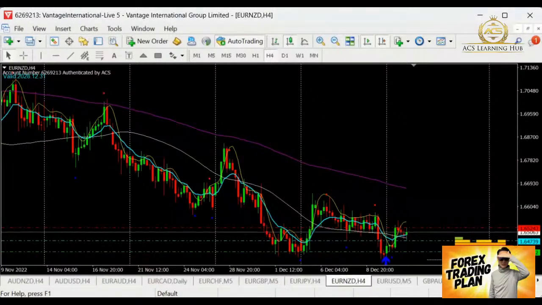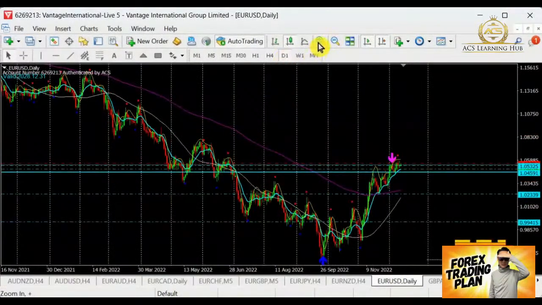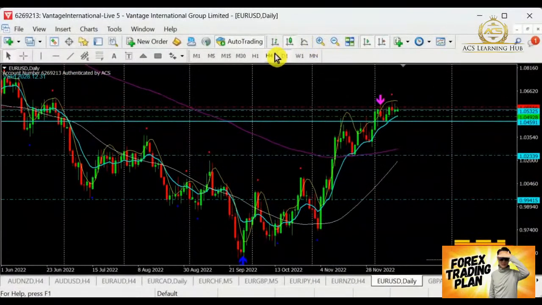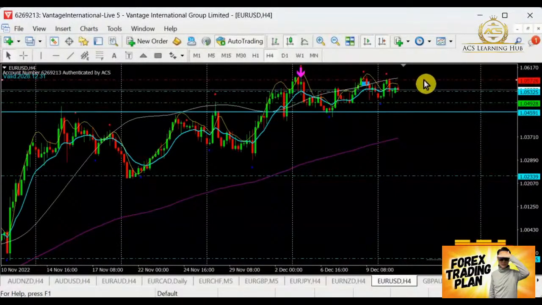Next we go to Euro Dollar. How about Euro Dollar? It is moving to the north. We are still in the bull, so Euro Dollar is looking out for a buying. But the buying has met some resistance up there, and it got rejected. And now we have a new one once again up.